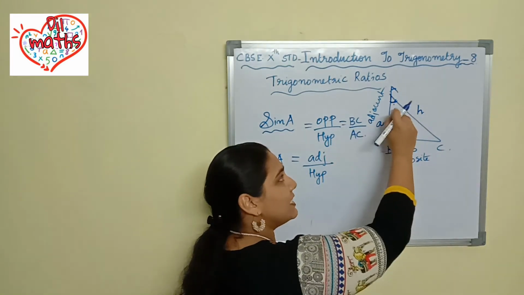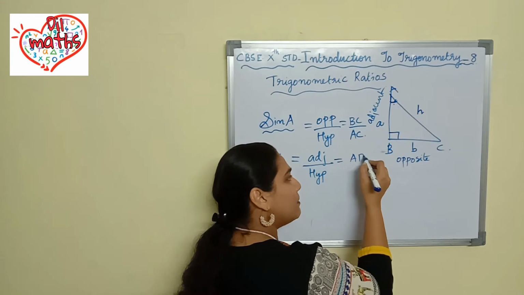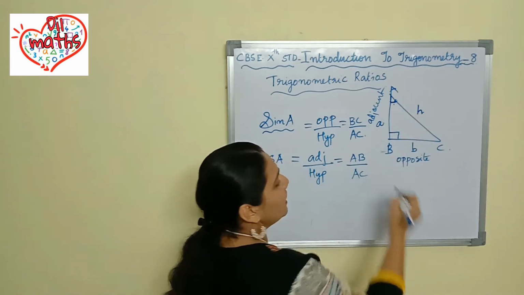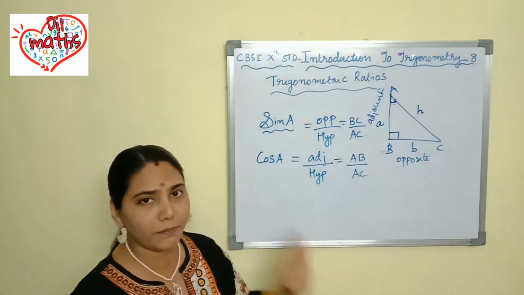Which side is adjacent to angle A? AB is adjacent with respect to angle A. And the hypotenuse is AC. So cos A is equal to AB by AC.